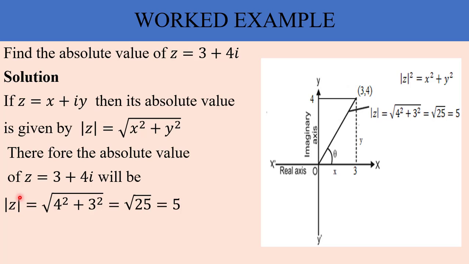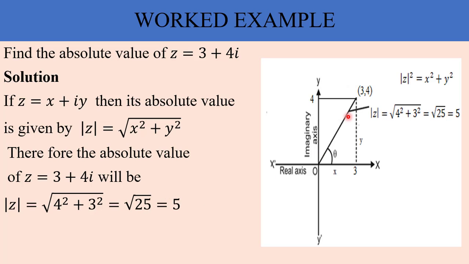And since we are taking the absolute value, we shall only consider the positive. Remember when you take the square root of a number, you have a positive and a negative. But the moment we take the absolute value, we shall only consider a positive 5.